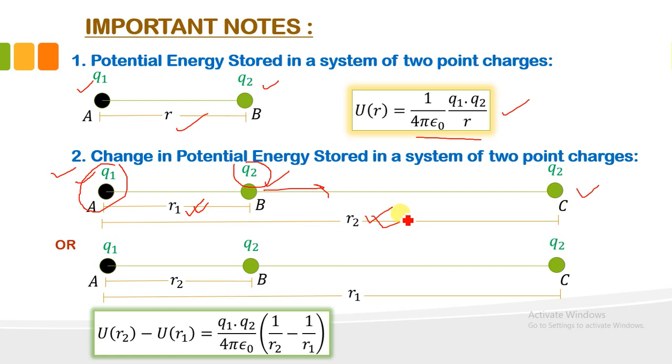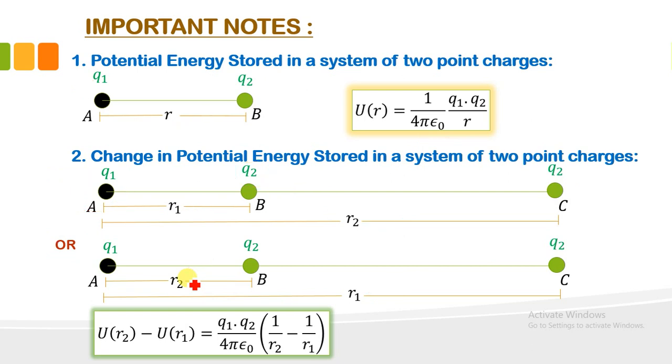Here in this diagram r1 is smaller and r2 is bigger. It is possible that r1 is large and r2 is small. It means Q1 and Q2 are separated by distance r1, then Q2 is brought closer to Q1 such that the separation becomes r2. Both the possibilities are okay. Keep in mind that r1 is the initial separation and r2 is the final separation.